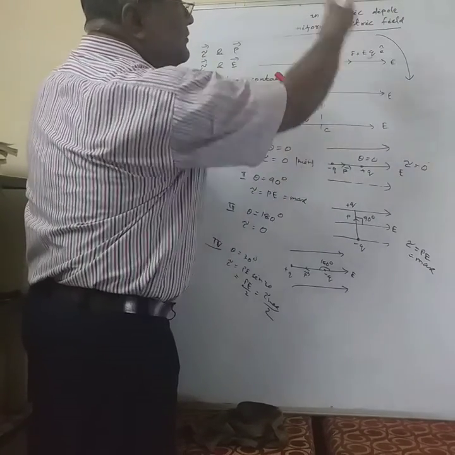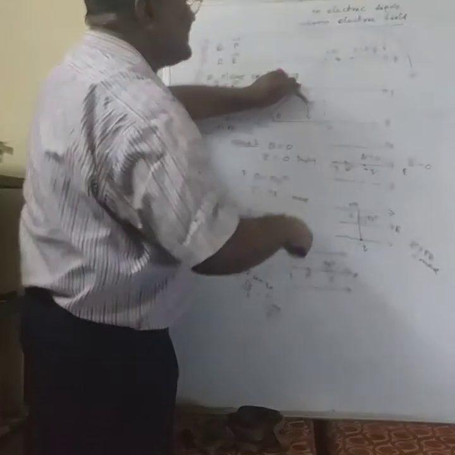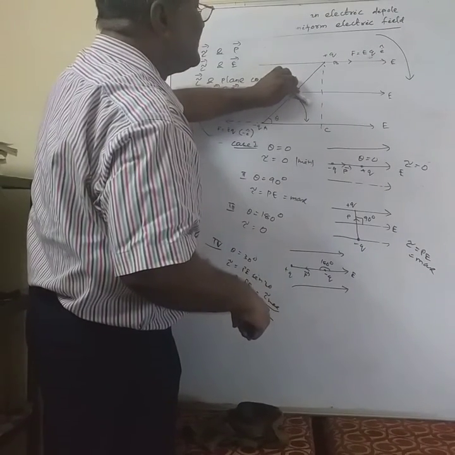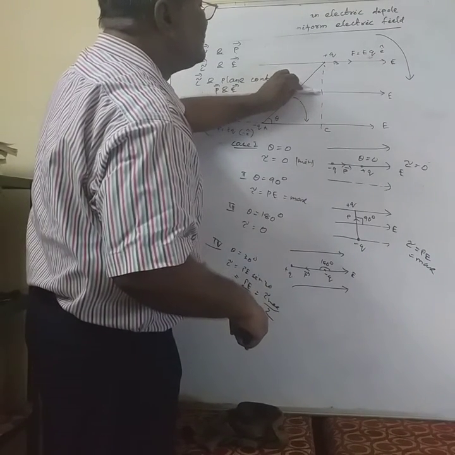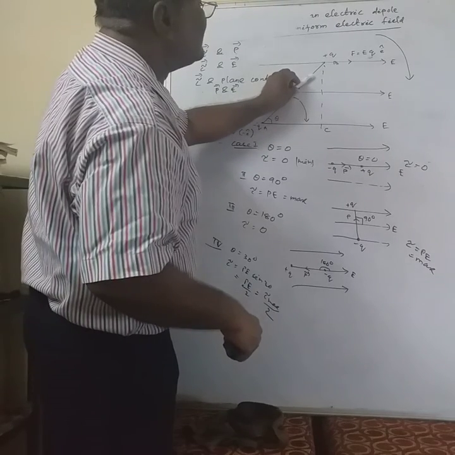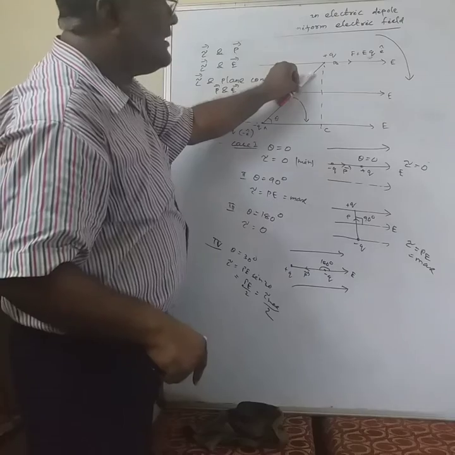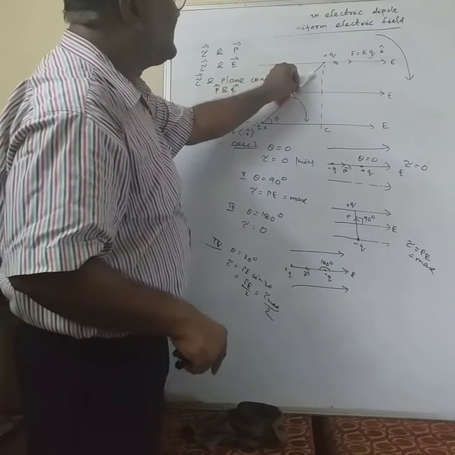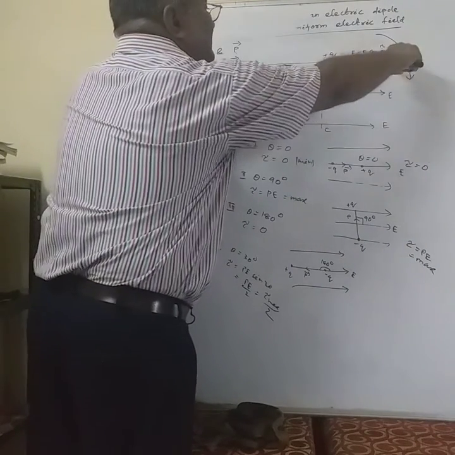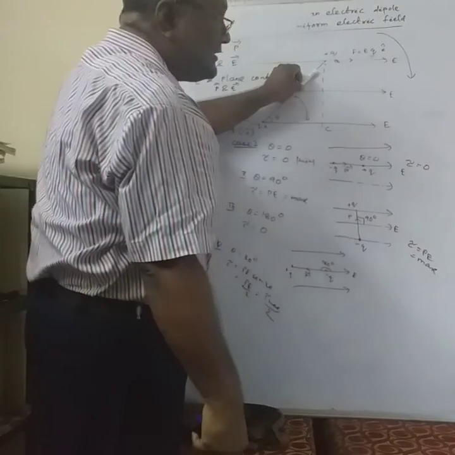So again it will rotate in the opposite direction, anti-clockwise, overshoot the mean position, and go to the extreme upward inclined position. Again because of inertia, another torque is developed in the clockwise sense.